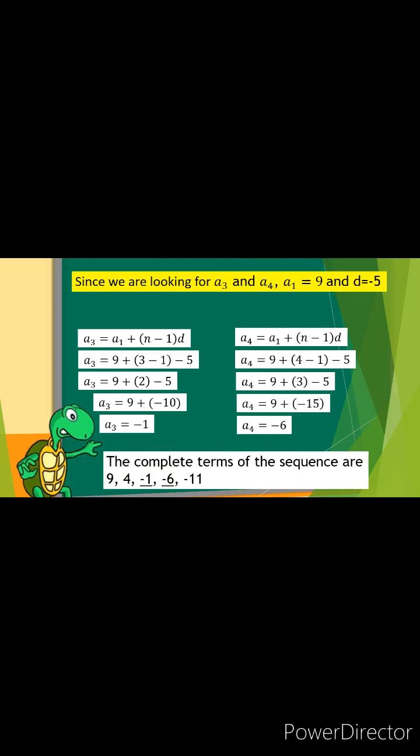The complete terms of the sequence are 9, 4, negative 1, negative 6, and negative 11.